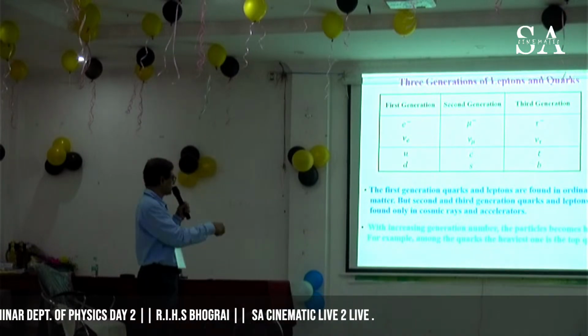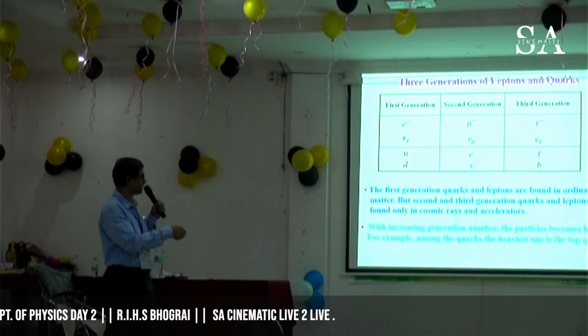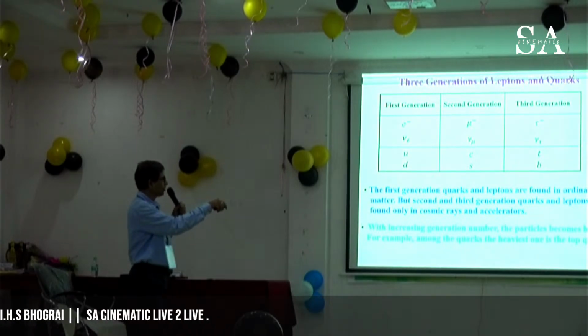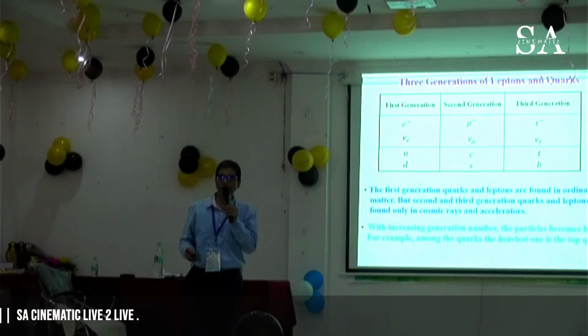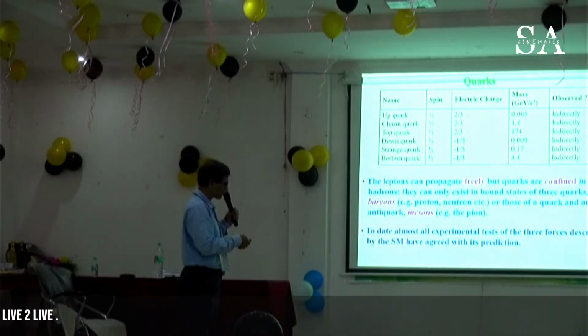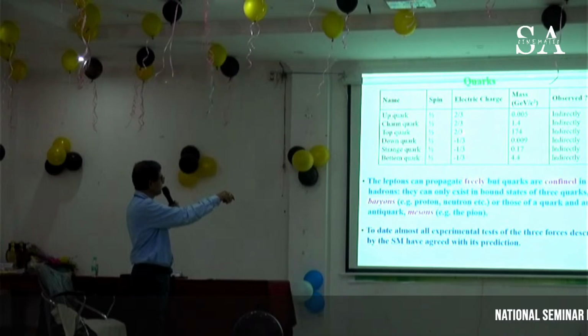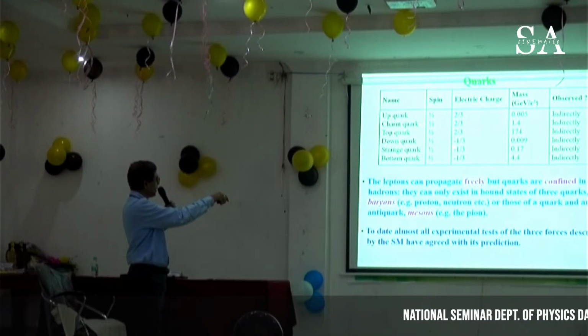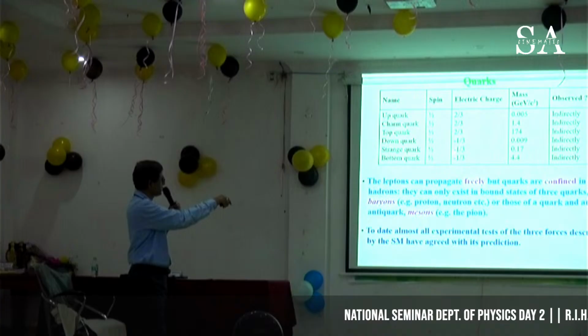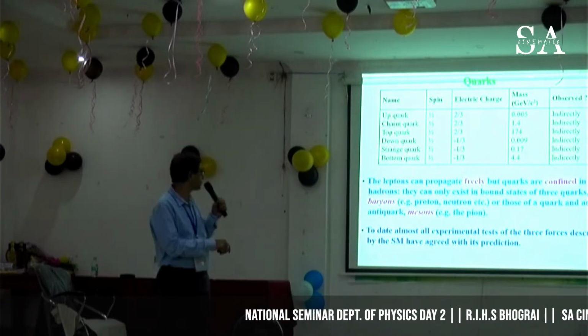As we increase the generation number, the particles become heavier. For example, the top quark is the heaviest among all the 6 quarks. Then we see the charge of the quarks: 2/3, 2/3 and -1/3, -1/3, -1/3. So we can say they have fractional charge.